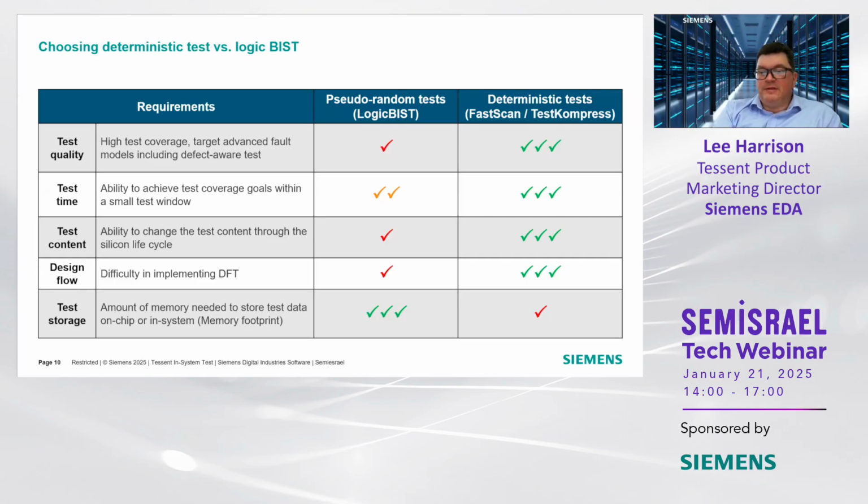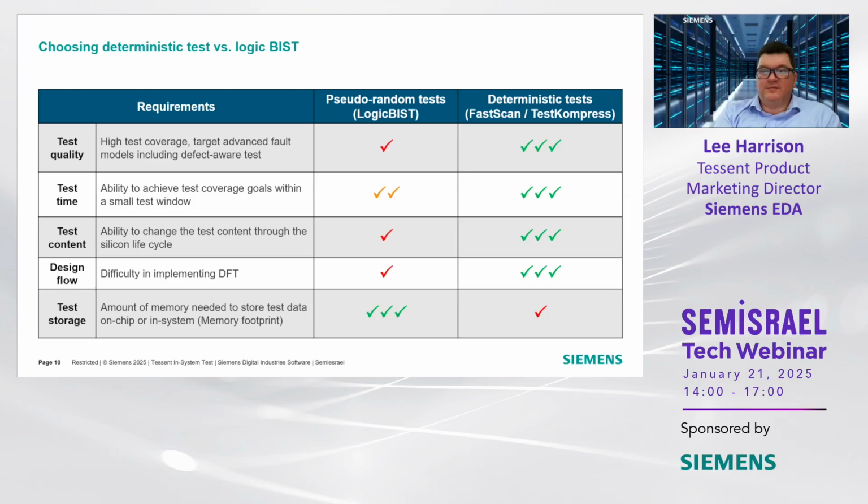In terms of implementation, in most cases, if we're implementing in-system deterministic test, then we would be reusing exactly the same DFT infrastructure as we would be using for manufacturing test. This isn't always the case for logic BIST.